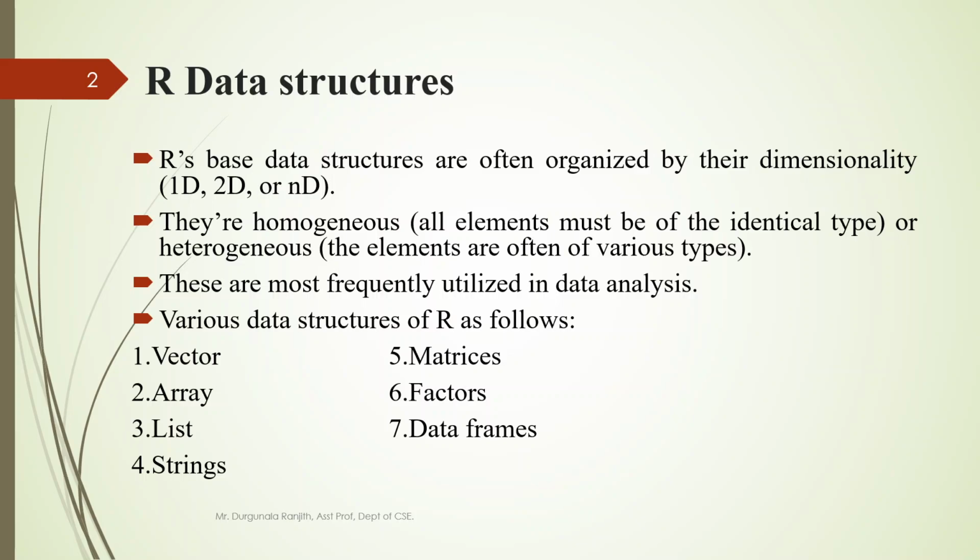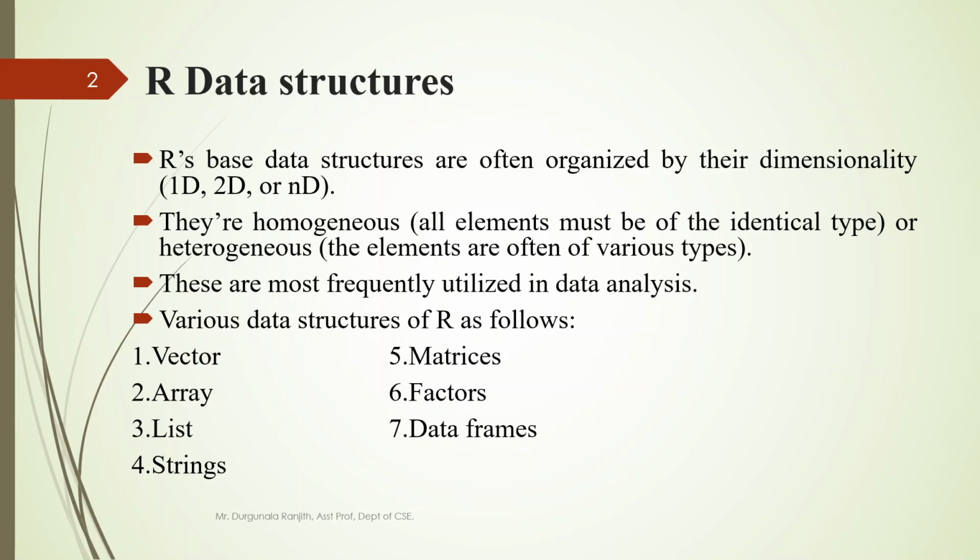And one more thing: whatever data you store in the data structure, some support homogeneous data and some are called heterogeneous data structures. We need to understand what is meant by homogeneous and heterogeneous.